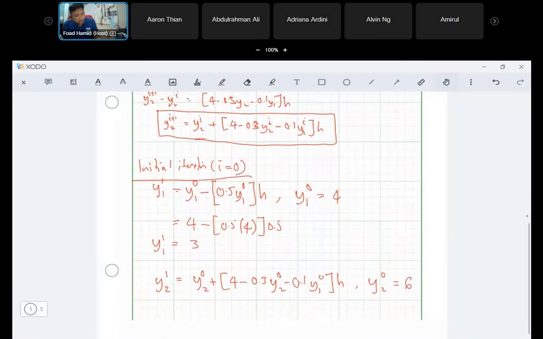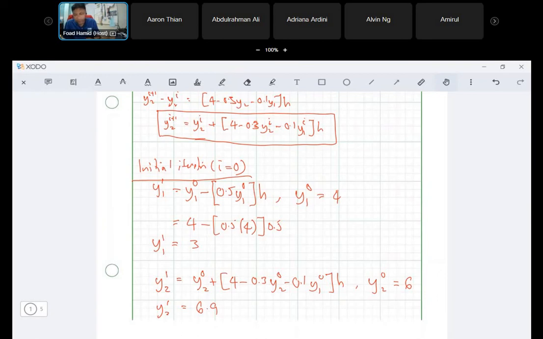Now we can solve for y2 1, and if you do this correctly, you get 6.9. So this is the initial iteration.